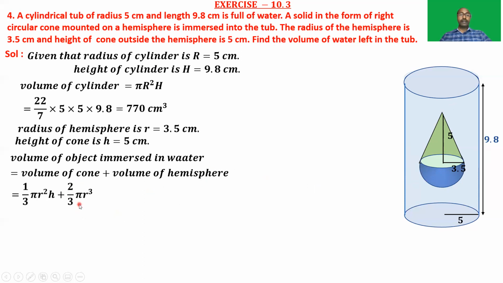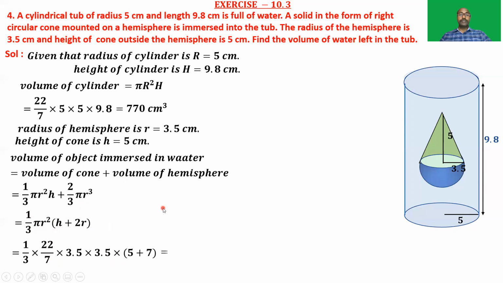So take pi r square by 3 common. So we get 1/3 into pi r square into H plus 2r. And by substituting pi is equal to 22/7, r is equal to 3.5 and H is equal to 5, we get 1/3 into 22/7 into 3.5 into 3.5 into 5 plus 2r is equal to 7.